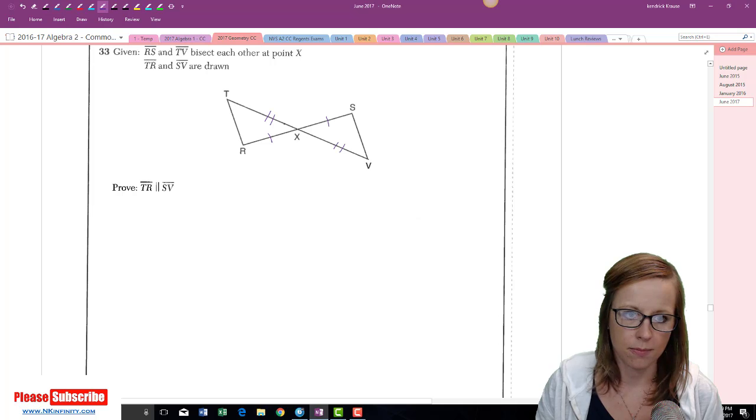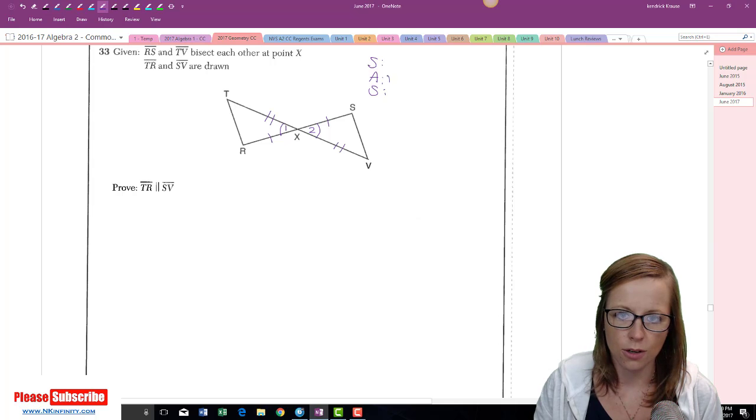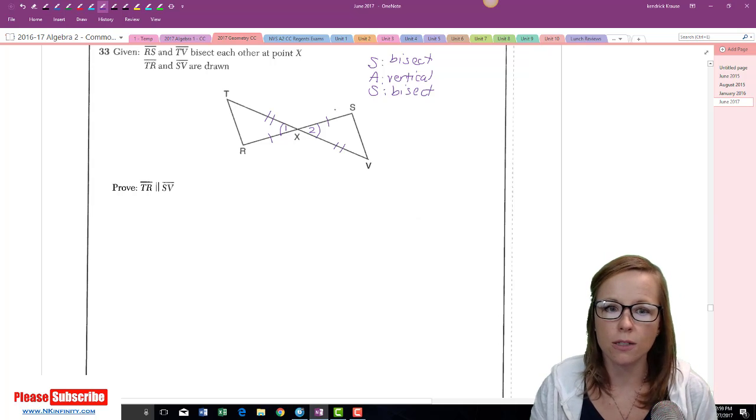Oh, and then vertical angles. I'm going to call these 1 and 2. So I'm going to get side angle side, right? Vertical. And then these two bisect, right? So I'm going to get 2 congruent triangles.